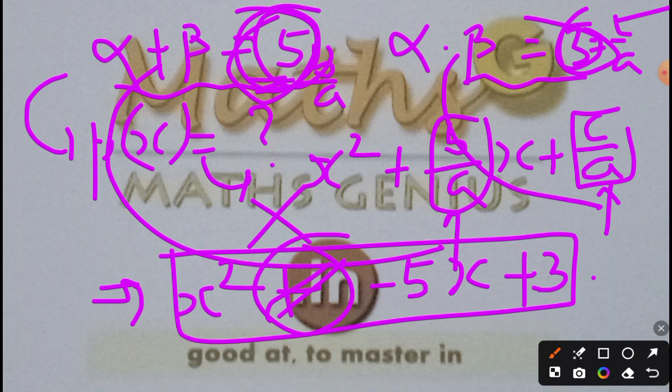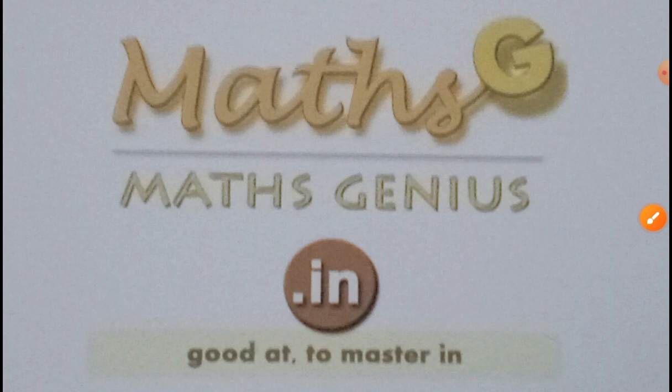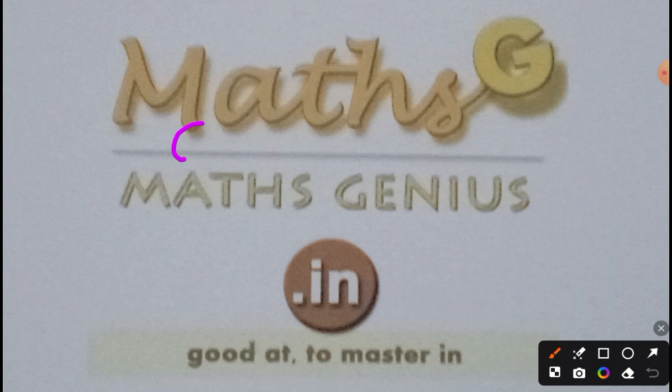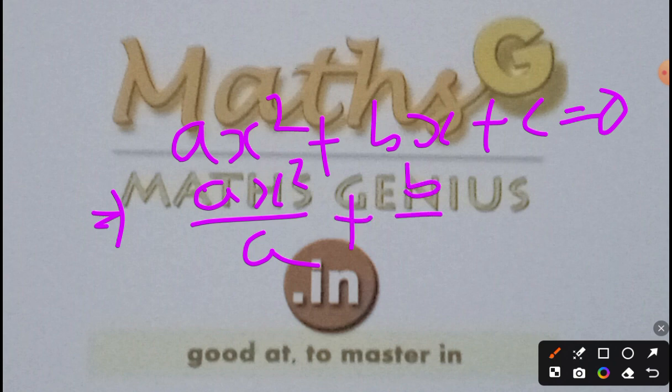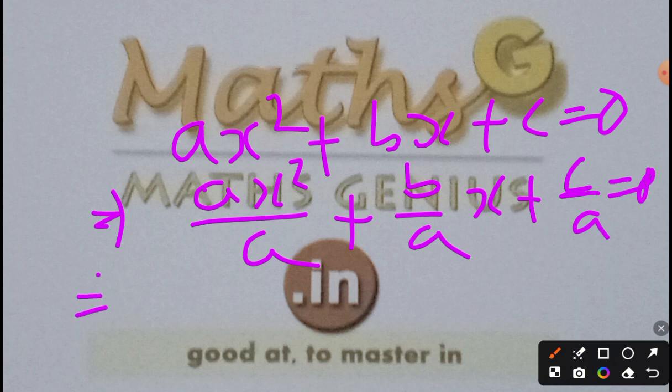So do remember where this solution came from: whenever you have the standard format of a polynomial and you divide both the sides by a, then you come up with something which can help you get the coefficients from the sum and the product of the roots.